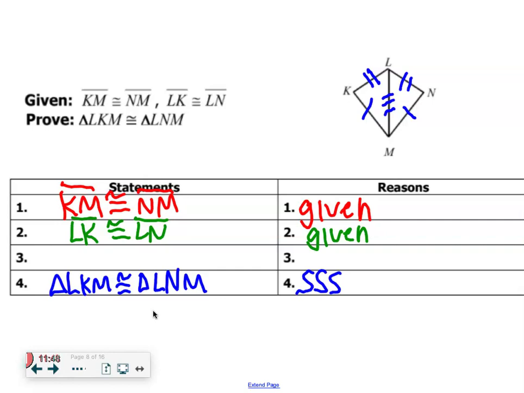Transitive. K equals N. No, reflexive. LM is equal to LM, reflexive. This has to be equal to itself, so LM equals LM. What property is that? Reflexive. Oh yeah, I actually got it right. You said transitive. At least you gave a property.